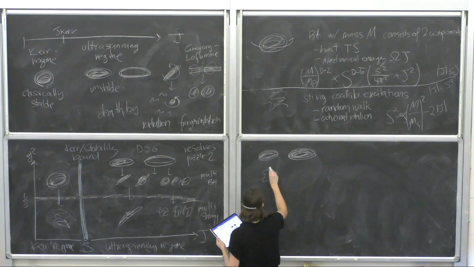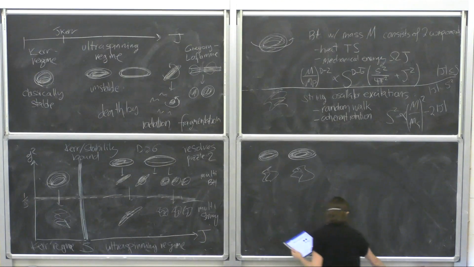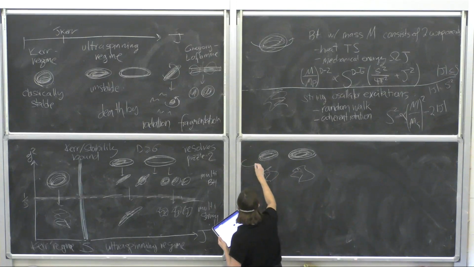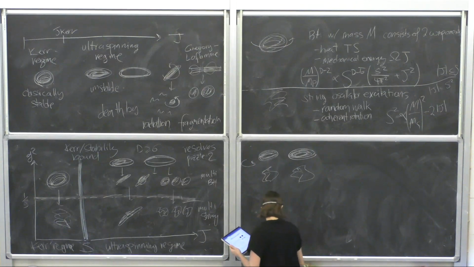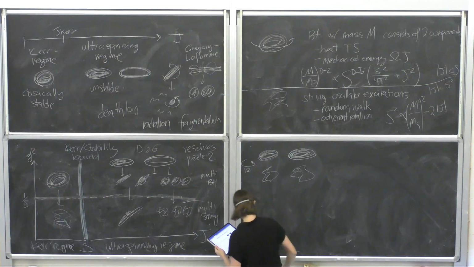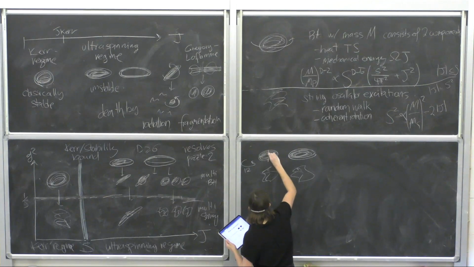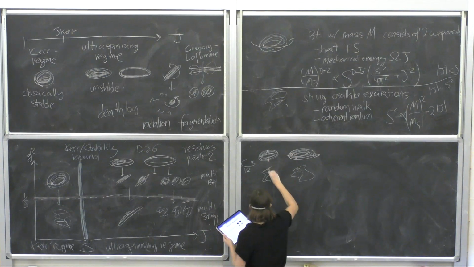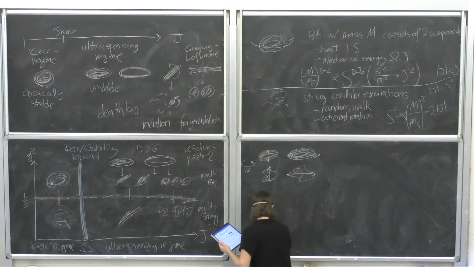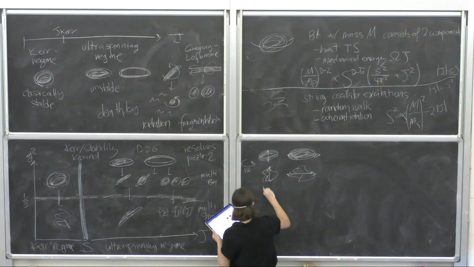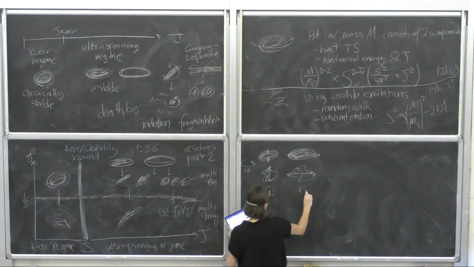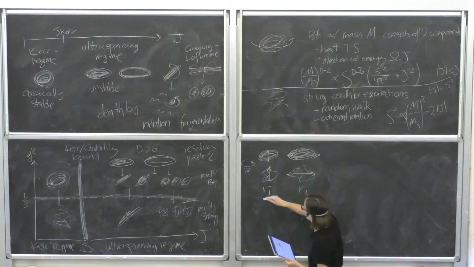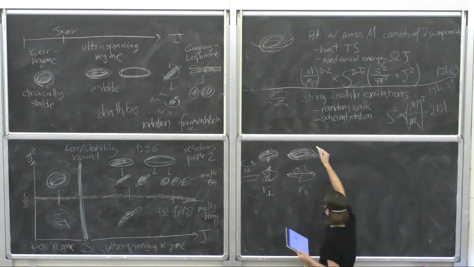So if the objects rotate in this plane, which I will call the 1-2 plane, then I can compute this size and that size. This is really terrible chalk. And similarly here. So these are the two sizes that we're going to compute. I'm going to call them R perpendicular, R parallel. So the size perpendicular to the plane of rotation, which is this plane, and the size in the plane of rotation.